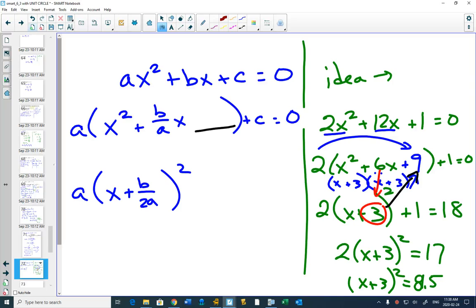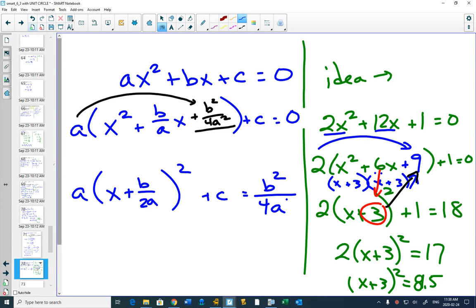So if I take b over 2a and I square it, I'd have to add b squared over 4a squared. What have I actually done to that side? I've actually added b squared over 4a. So I'm going to need to add b squared over 4a to that side. Same thing that I did here with the 18, because I added 18 to this side, I needed to add 18 to that side.